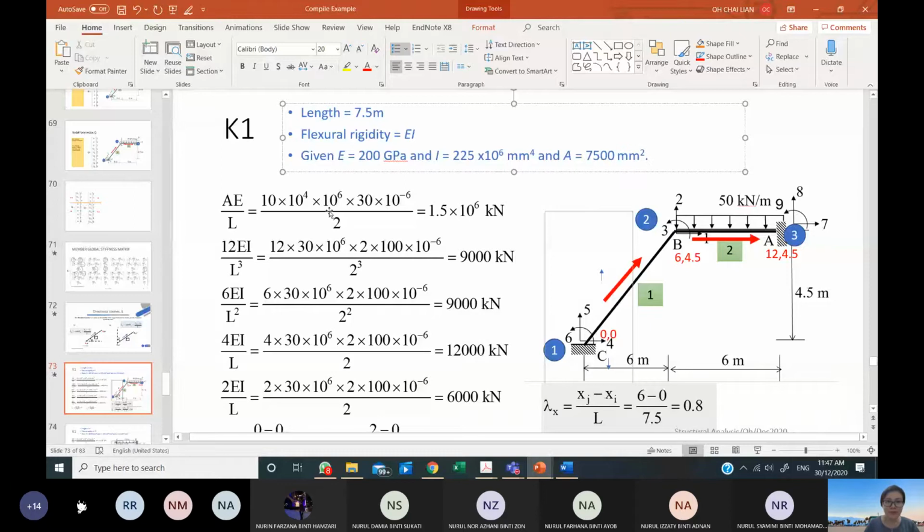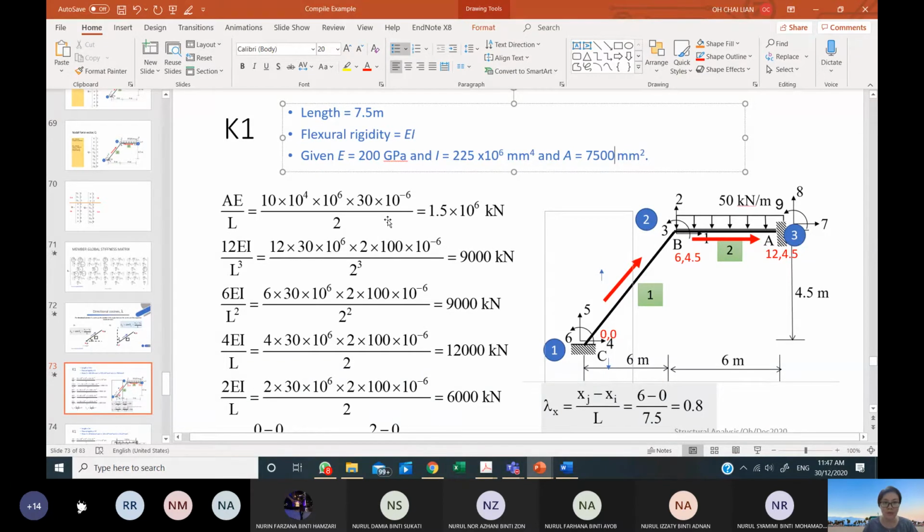From the following, you need to determine AE over L, 12 EI over L cubed, 6 EI over L squared, 4 EI over L, 2 EI over L for me, substituting the area, the Young modulus, and the inertia. Can you help me do that one by one?